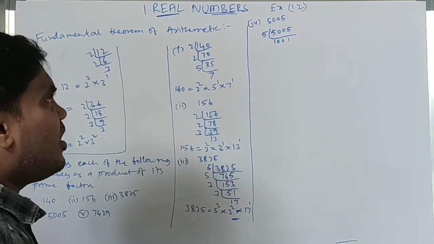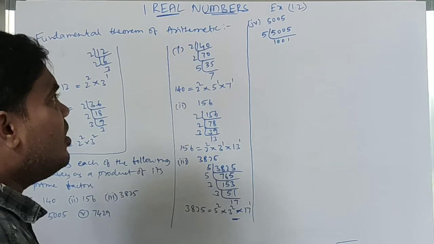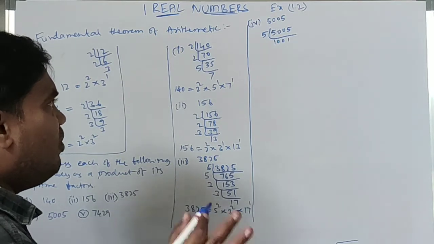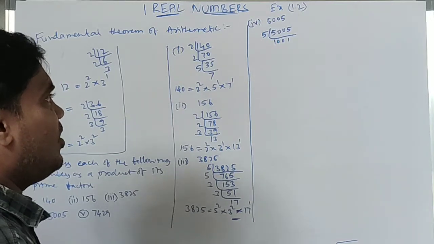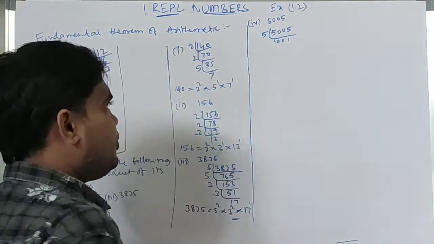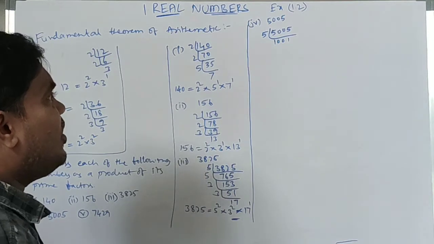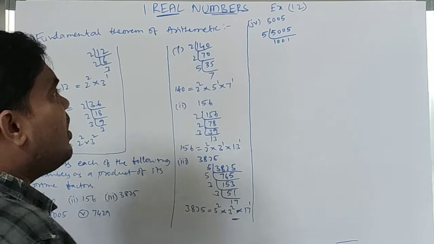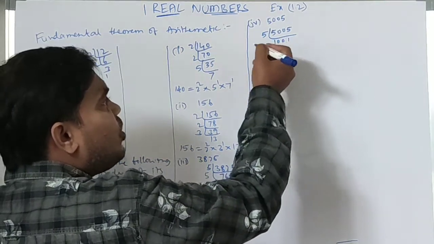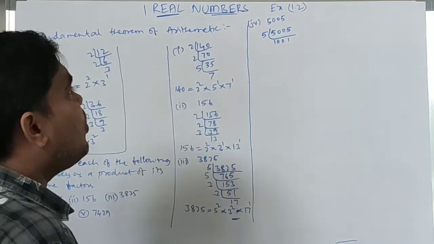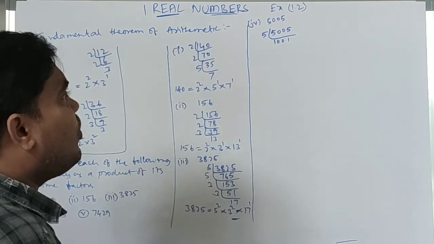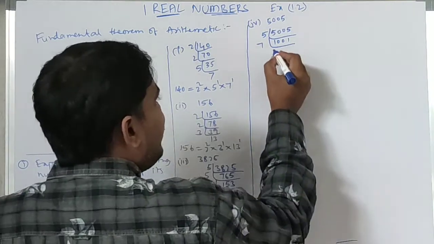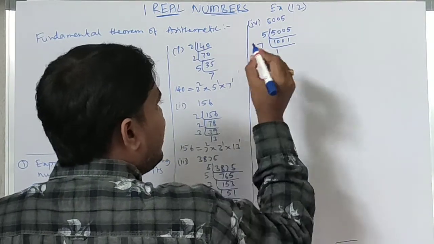The square root of 1001 is nearly 31, so before 31 any prime may divide it. I want to check. It won't divide by 2. It won't divide by 3, because the sum of the digits is not divisible by 3. It won't be divisible by 5. So check with 7: 7 into 143 is 1001.